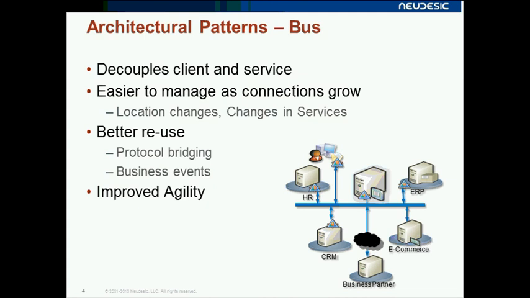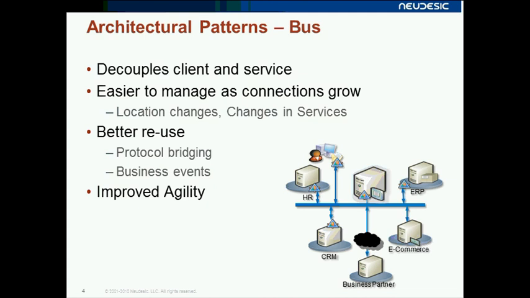Protocol bridging is another common thing you might do, where you might have a back-end SAP system which has its own way to communicate with the outside world, and that bus, through maybe an adapter or something like that, will be able to reach in and expose some of those capabilities. And we all know any environment with an SAP or back-end ERP type system, there's a lot of functionality there that you want to reach from external systems.